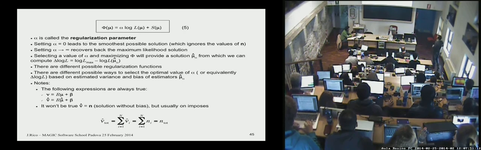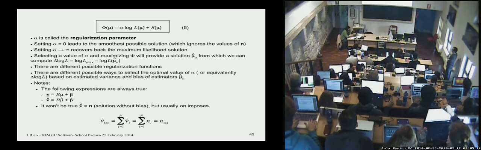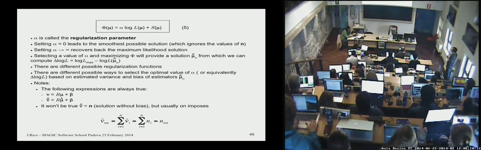Now alpha is called the regularization parameter, and if it is equal to 0, this term here is cancelled, so then you get the smoothest possible solution, but it doesn't take into account the values of n, because n is not entering here. This is only a function of the true parameters. n enters here because the likelihood is the likelihood of mu given n.